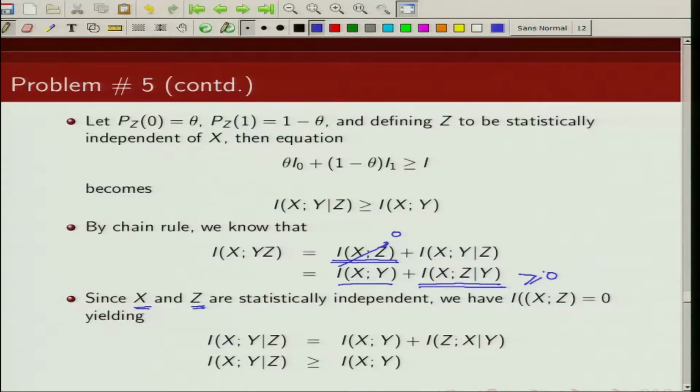So this shows that mutual information between x and y given z is greater than or equal to mutual information between x and y. So we have proved that this relation holds, and hence we have proved that mutual information is a convex function of p of y given x for a given p of x.